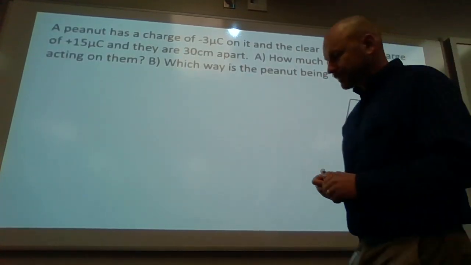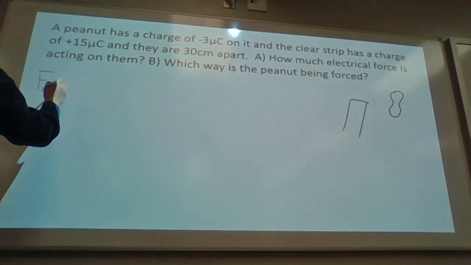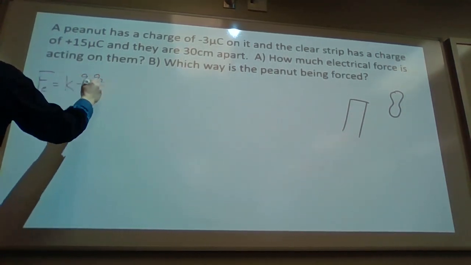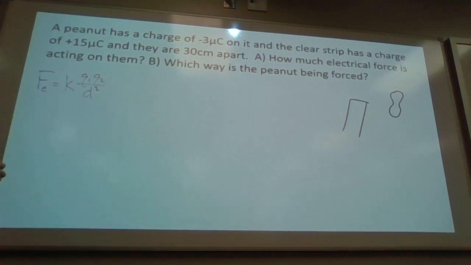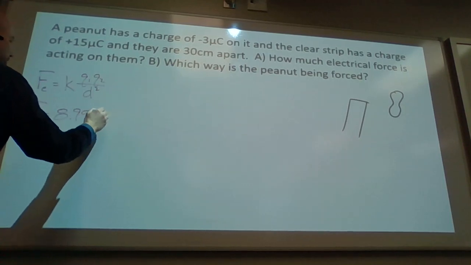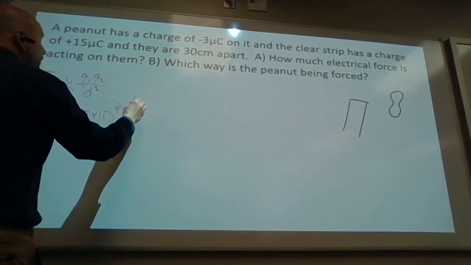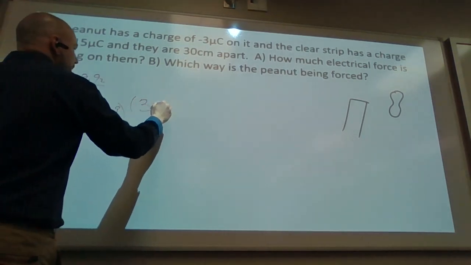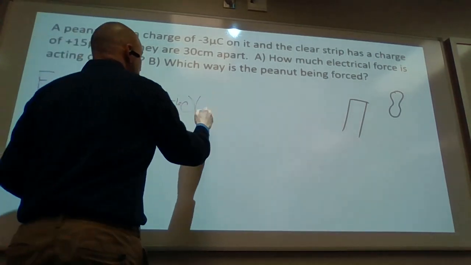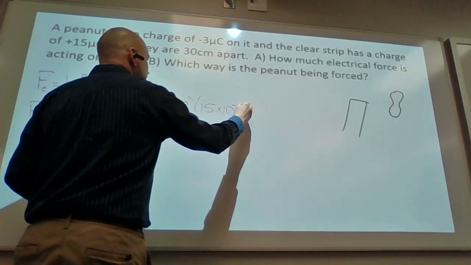So we are looking for the electric force. There's our equation. Electric force is 8.99 times 10 to the 9th times 3 times 10 to the -6th coulombs times 15 times 10 to the -6th coulombs.